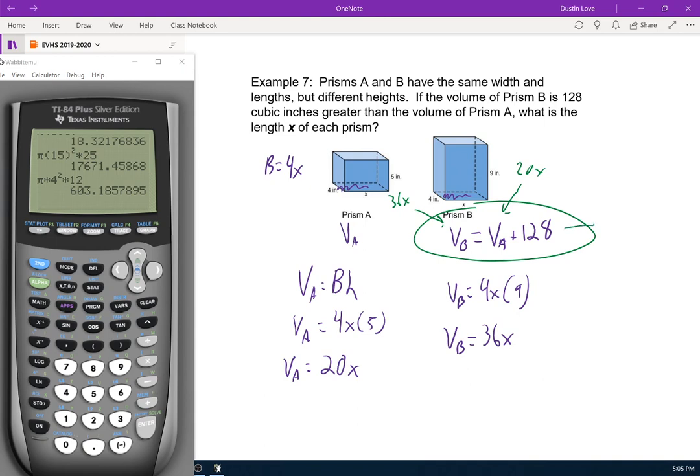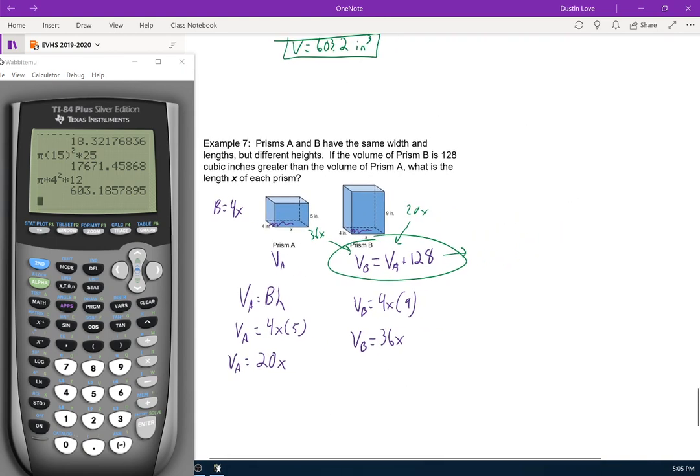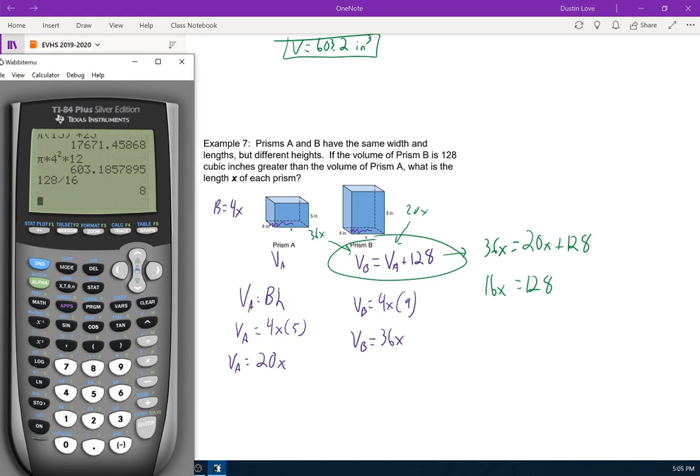Whenever I do that, I get 36X equals 20X plus 128. Now that gives me an equation that I can solve. Subtract 20X on both sides, which gives me 16X equals 128. Then we divide both sides by 16, and therefore X equals 8.